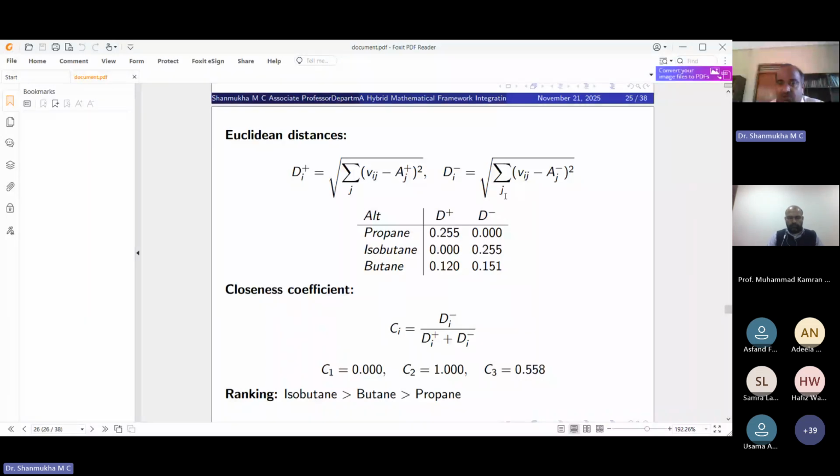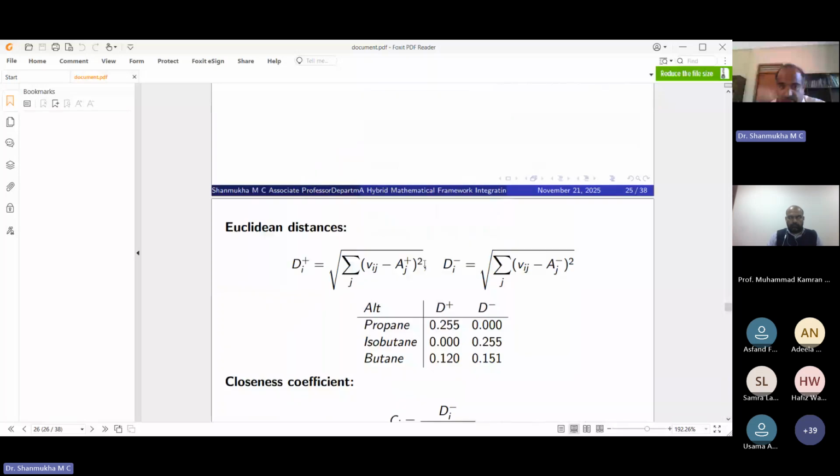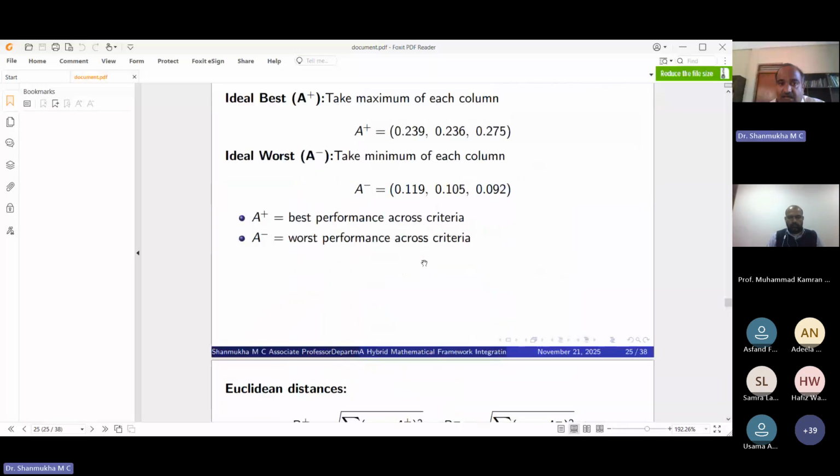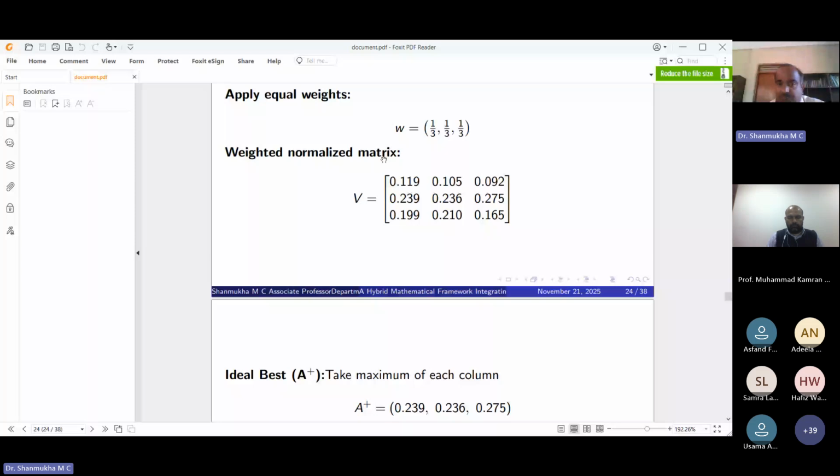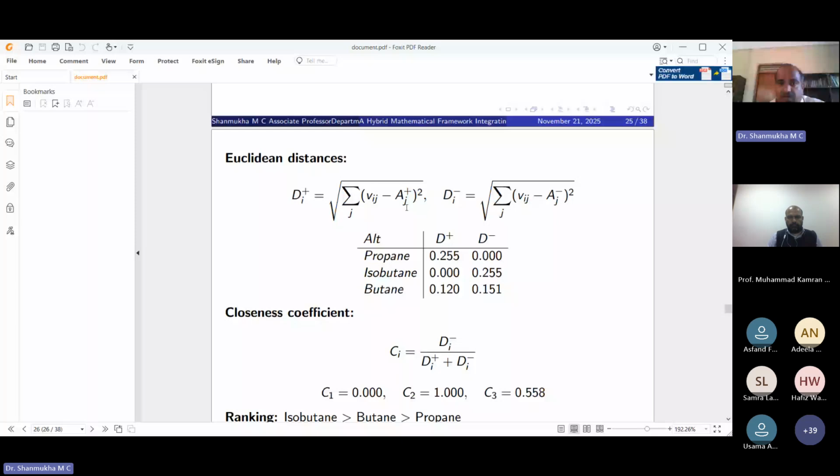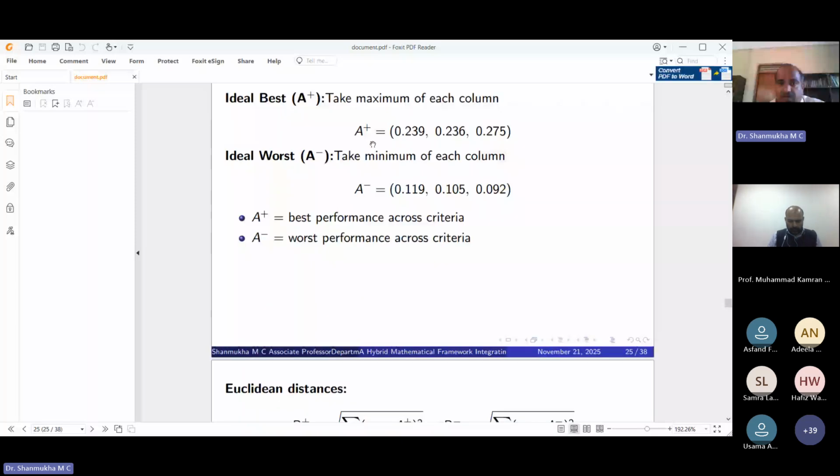So in the weighted normalized matrix, first row, first column, the intersected value is 0.119. So Vij is equal to 0.119, and then minus Aj plus, whole square. Aj plus means ideal best. Ideal best value A plus is equal to 0.239.